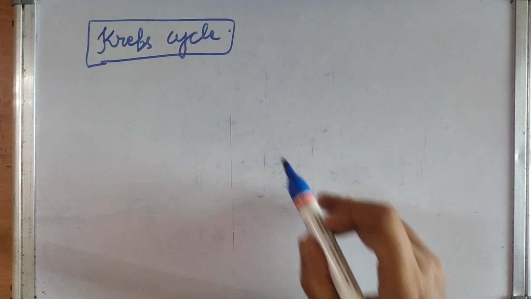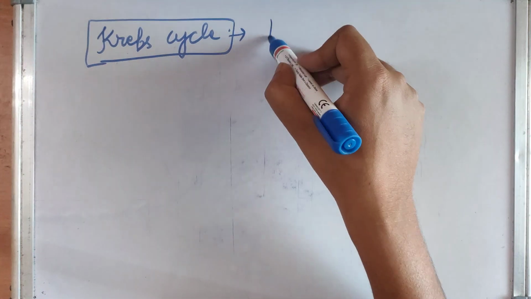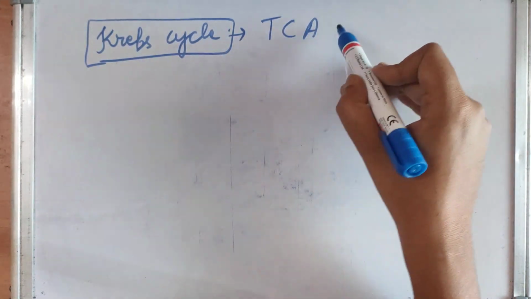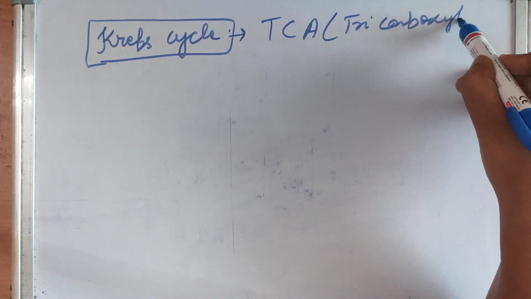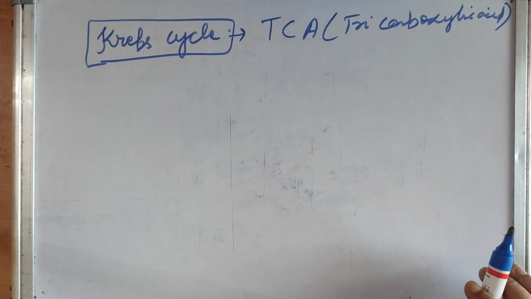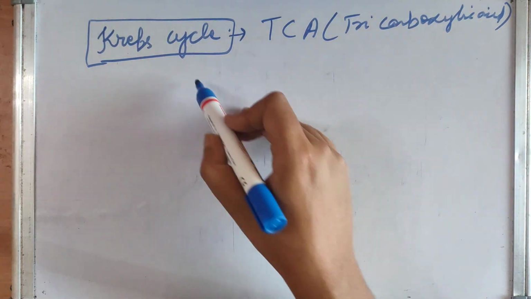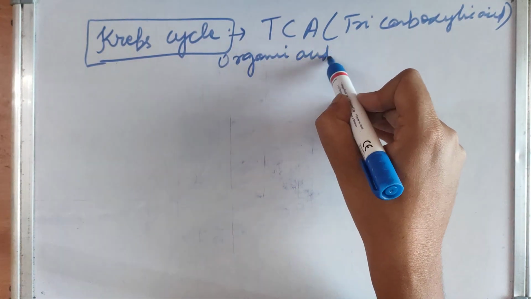Krebs cycle. It is also known as the TCA cycle, that is the tricarboxylic acid cycle. The TCA cycle is known as the organic acid cycle.